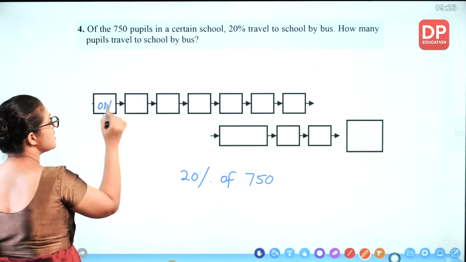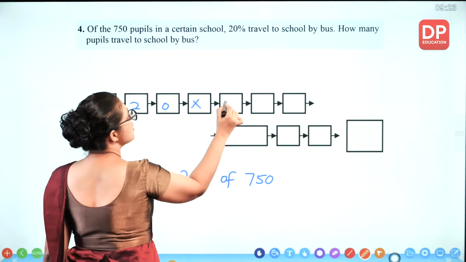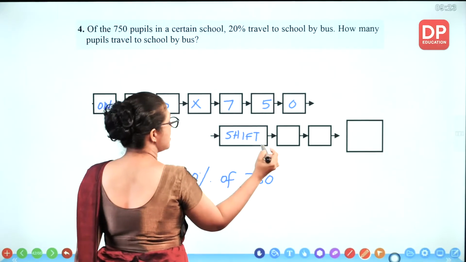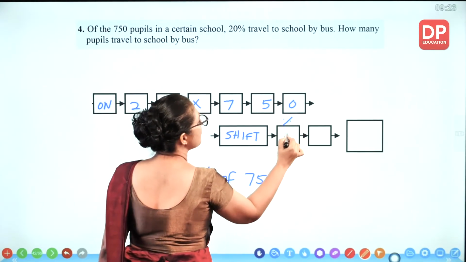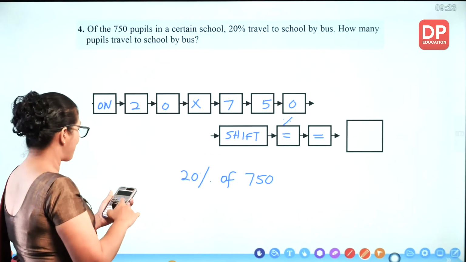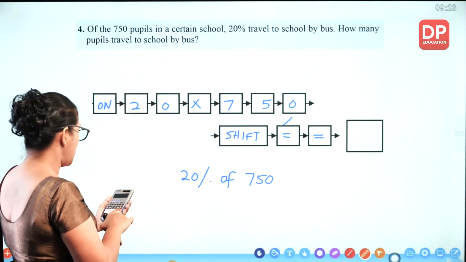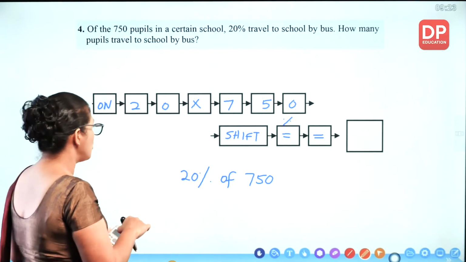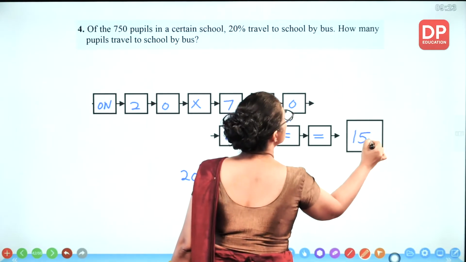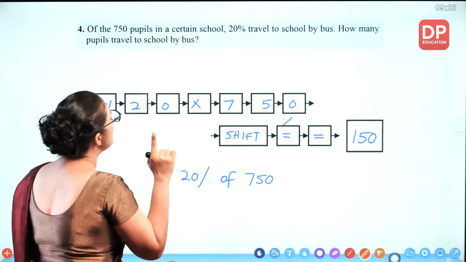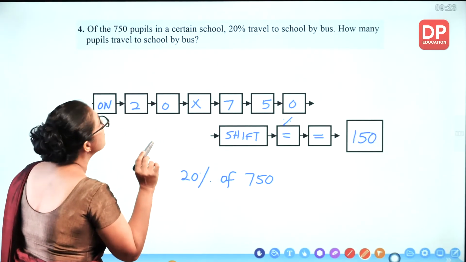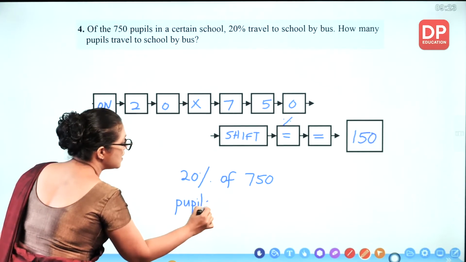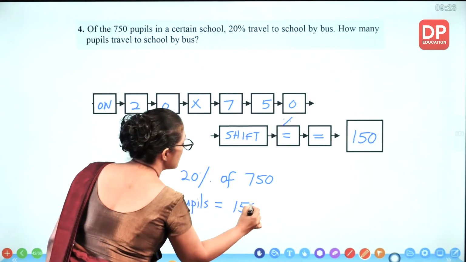So switch on the calculator. 20 into 750 and then take the percentage button. 20 into 750 as a percentage, you get 150. So how many pupils go by bus? Number of pupils is 150.